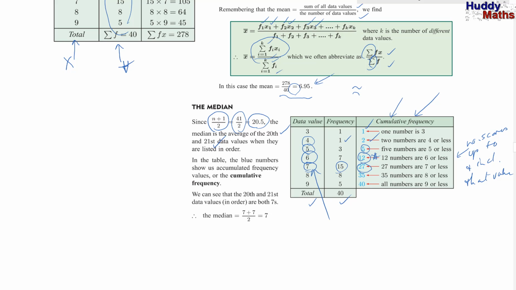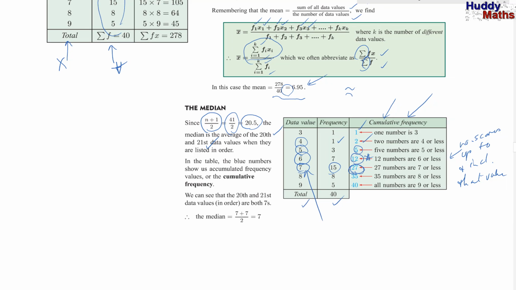So that means the 20th and 21st score, up to this 27 here, are both 7s. So you don't really need to take the average of the two because they were both 7s. So the median is 7. Again, a fairly symmetrical distribution here, and the mean and the median are very close together.